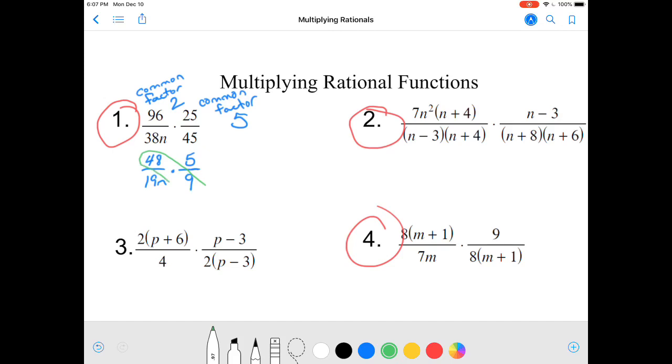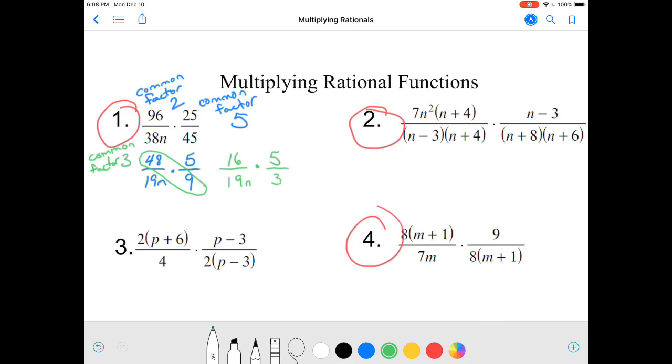If you look, we can actually do a diagonal simplification as well, because 48 and 9 share the common factor of 3. 48 divided by 3 is 16, and 9 divided by 3 is 3. So we're going to have 16 over 9n times 5 over 3.